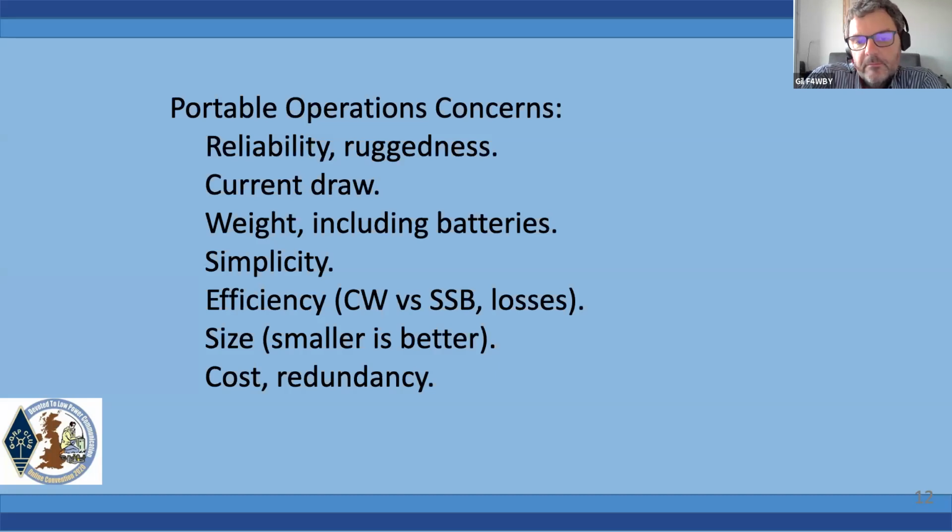So I'd rather have more simpler, smaller radios than one big one, so to speak. And that's for redundancy. Of course, I'm the radio prepper on YouTube, so that's more a prepping concern than a portable operation concern. But redundancy is important to me, at least.